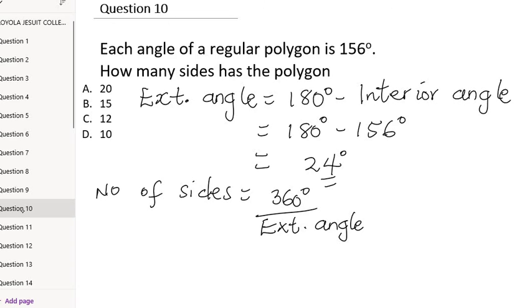Okay, now you can see why we have to solve for exterior angle first, so that it will be easier for us to find the number of sides. 360 degrees divided by the exterior angle, which is 24, will give us the number of sides. 360 divided by 24 will give me 15. So the answer is 15 sides. So the right option is B.